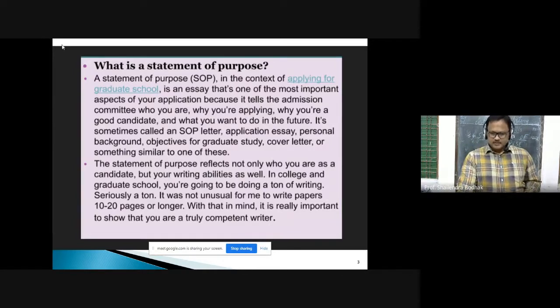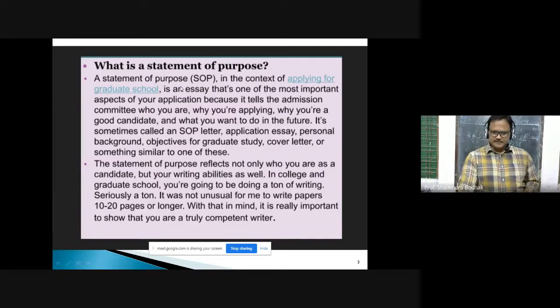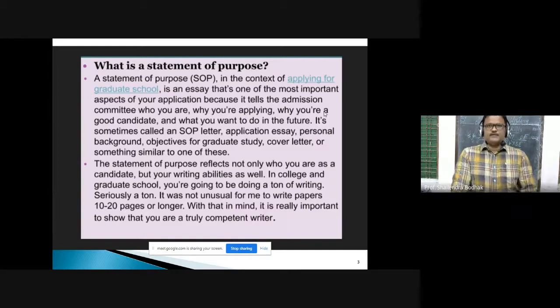Now here through the slideshow, I would like to explain what a statement of purpose is. A statement of purpose, or SOP, in the context of applying for graduate school, is an essay. So you have to remember that the statement of purpose is in the form of an essay, one of the most important aspects of your application.